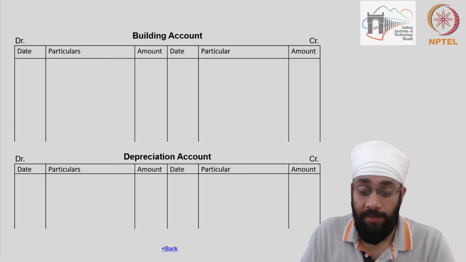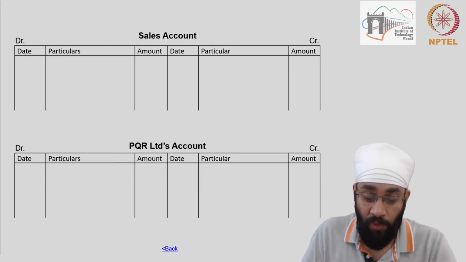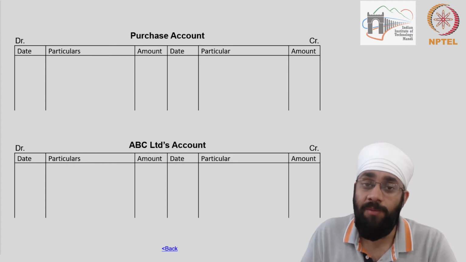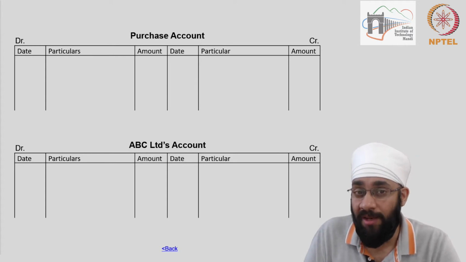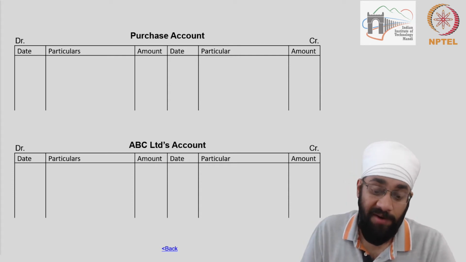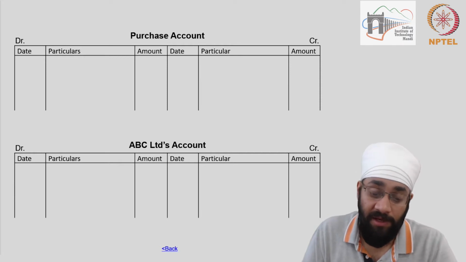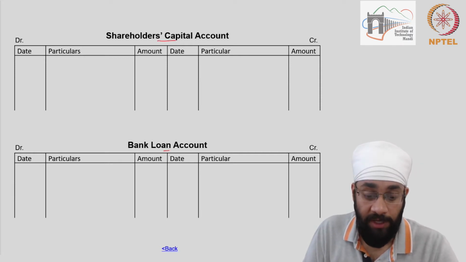Some are smaller accounts, and some have more space on the page. That is based upon the number of transactions they're involved in, because I know how many transactions there are for a specific type of account, so I've adjusted the space accordingly.